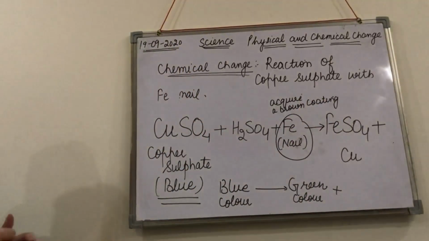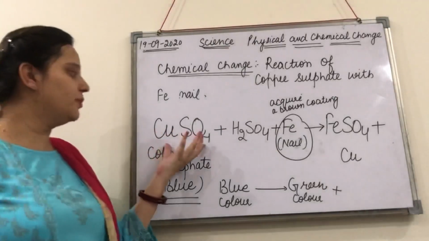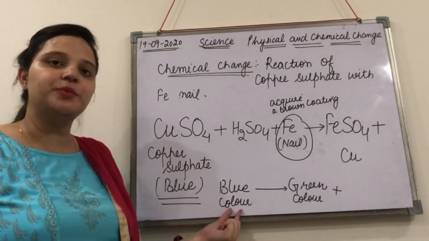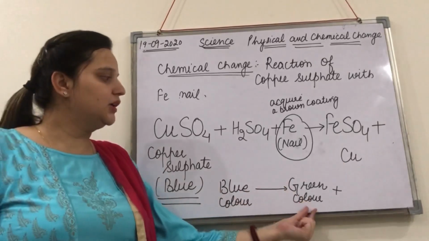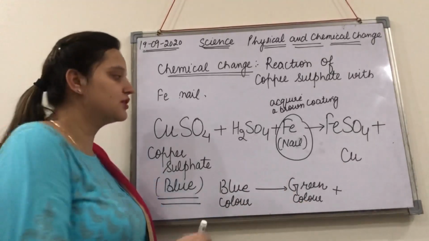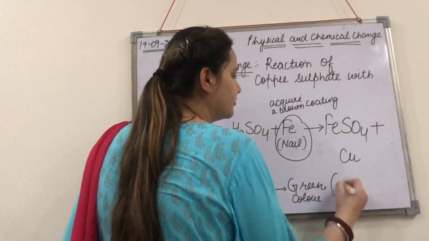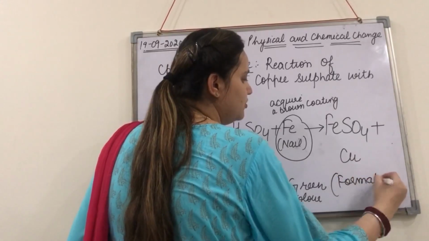So the copper sulfate solution that is initially blue in color gets converted into green color. This green color is due to the formation of FeSO4.